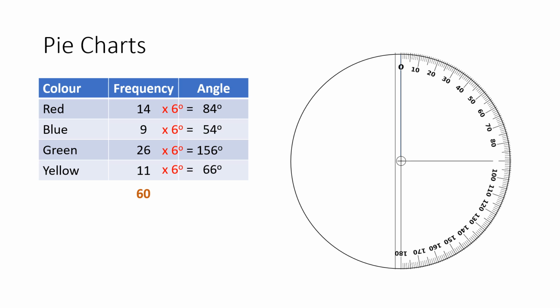I'm then going to measure using the outside scale round to 84 degrees and place a little mark at 84 degrees. Then I will use my ruler or the straight edge of your protractor and draw a line from the centre to the little mark I've just drawn. I then label it red 84 degrees.